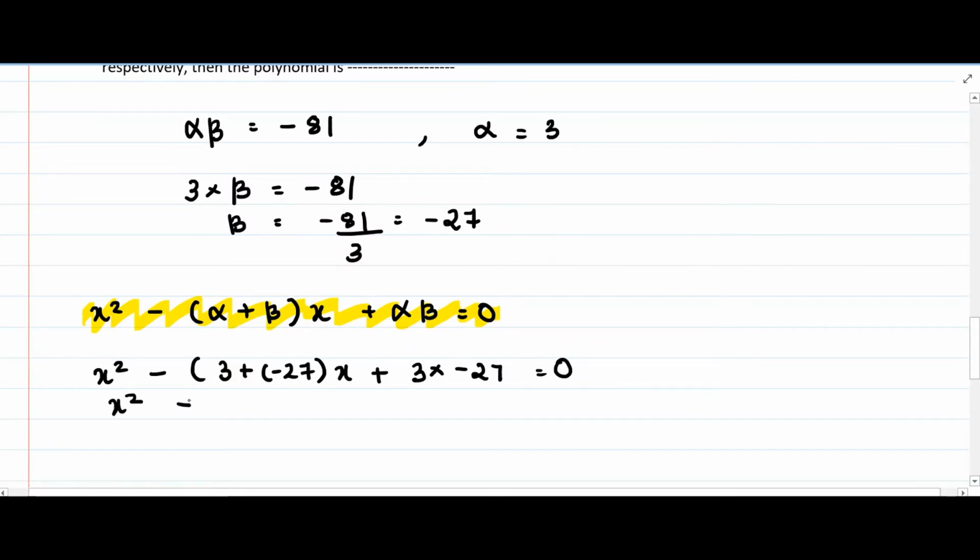X square, it becomes plus 24x minus 81. We can substitute alpha beta in the previous step itself. It is our wish. Okay, so this is the equation we needed.